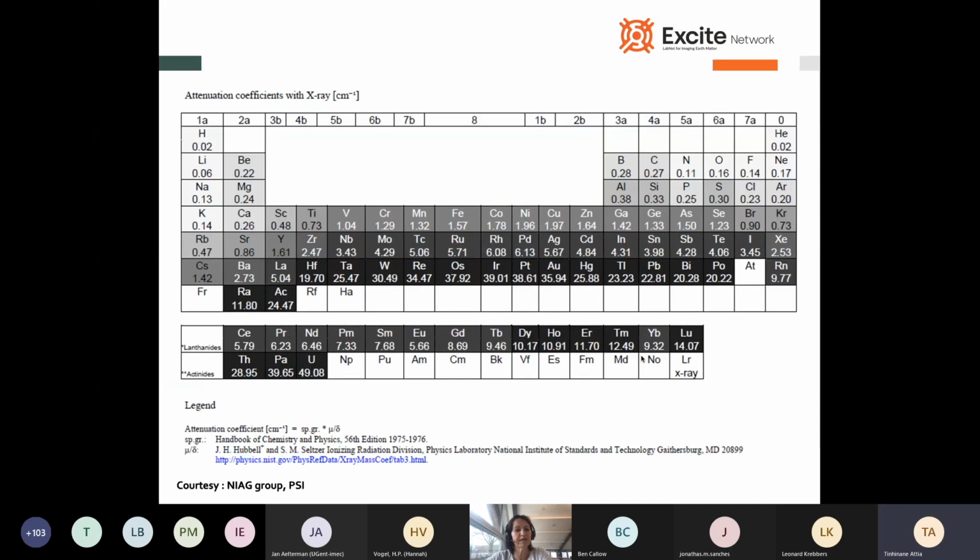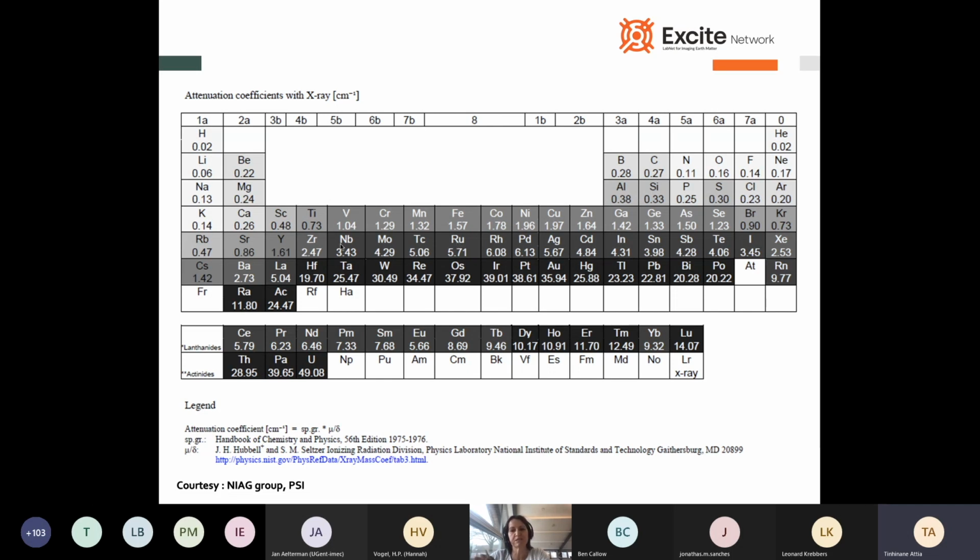So if you go here to this graph, you can see for each element what the theoretical attenuation coefficient would be. And you immediately see that elements which have a higher average atomic number, like lead, have a higher attenuation coefficient compared to those who have a lower atomic number.